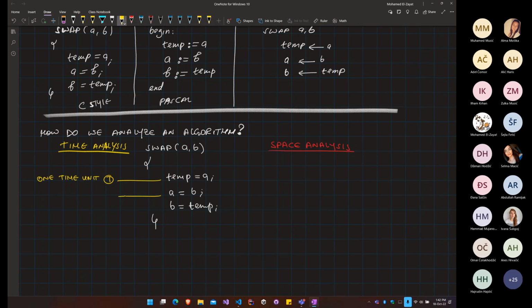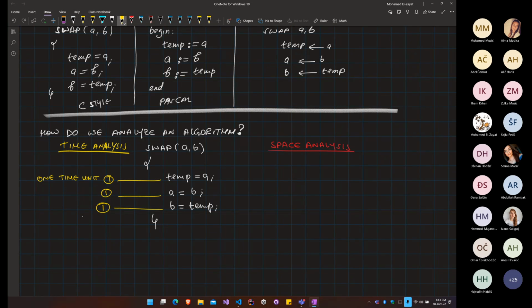As we already said, assignments are 1 time unit, so this will take 1, and this will also take 1. That means if I execute this function, let's say 100 times, every time it will consume only 3 time units, and that's it.